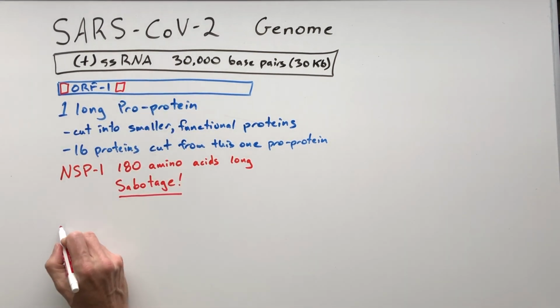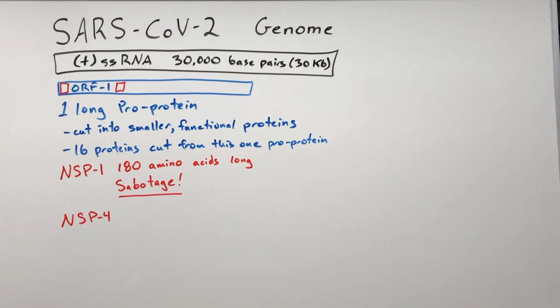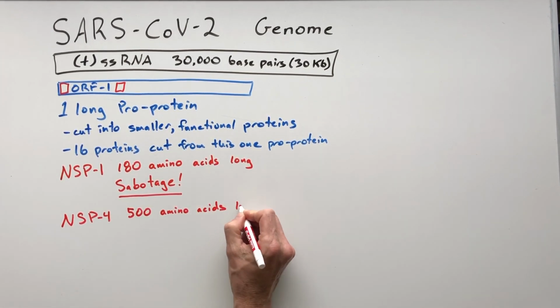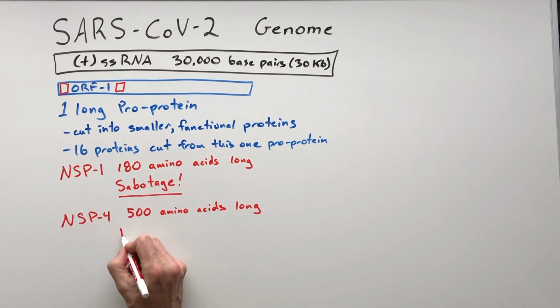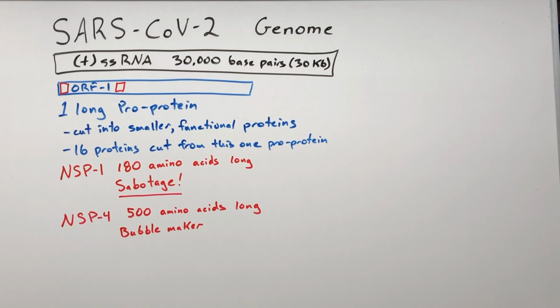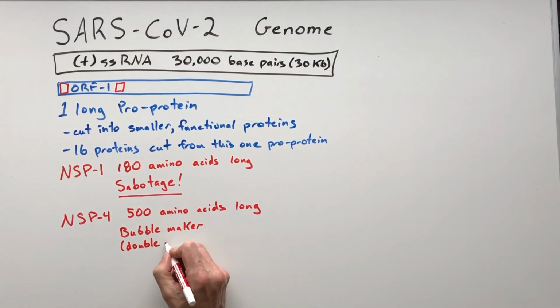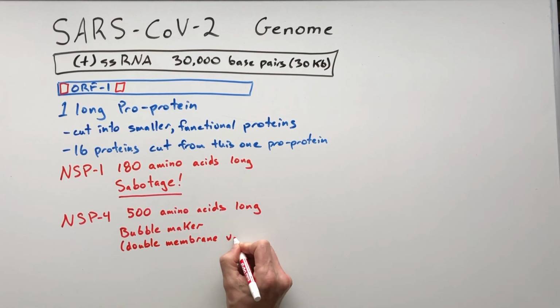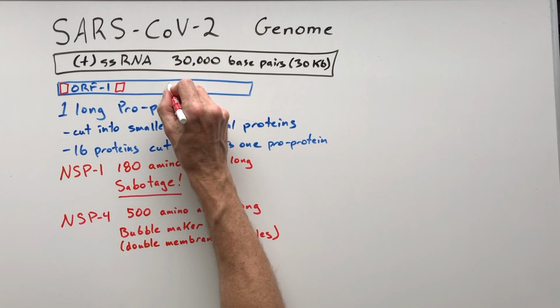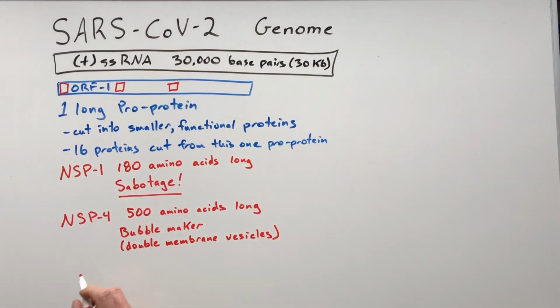Another interesting protein is NSP4. NSP4 is about 500 amino acids in length, and it is called a bubble maker protein. It helps build the strange double membrane vesicles where viral replication of the RNA will take place. Another interesting protein is NSP10.